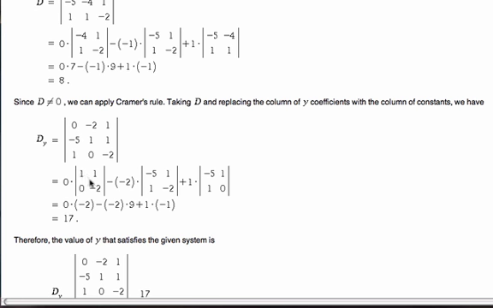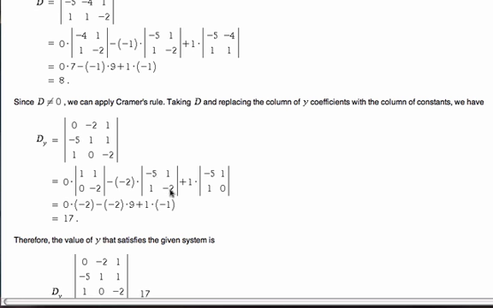You're going to take 1 times negative 2 and subtract 1 times 0 from it. So that's a negative 2 minus 0, which is a negative 2. Okay, so then we bring down this minus, bring down this negative 2. We're going to times that by the result of this matrix.